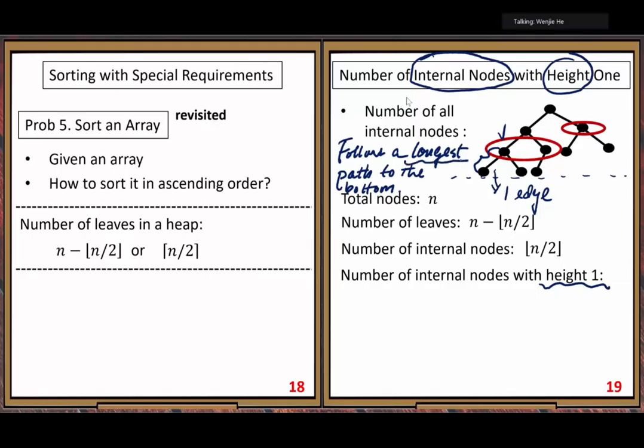For example, look at the root node. You want to find the longest path from the root node to the bottom. So this one is the longest path, right? 3 edges. This path, 3 edges, also longest. And this path, 3 edges, longest.